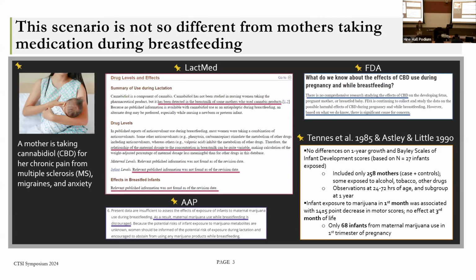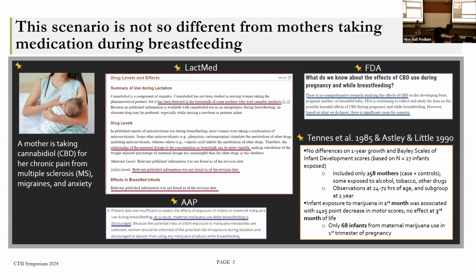So we might look to other authoritative resources like the American Academy of Pediatrics, and we read what they say. They said that, again, there's not much information out there, but from what we do know, maternal marijuana use while breastfeeding is highly discouraged.